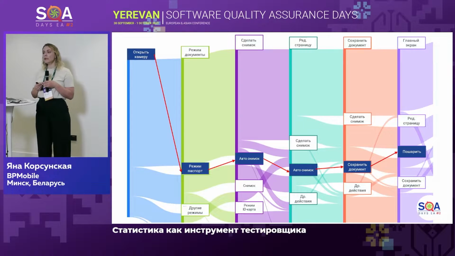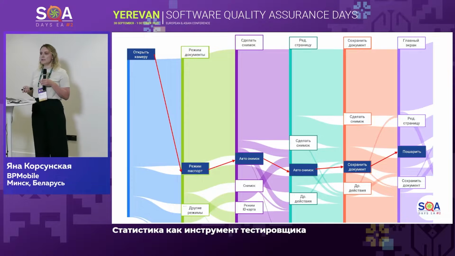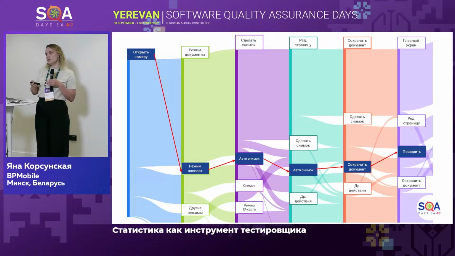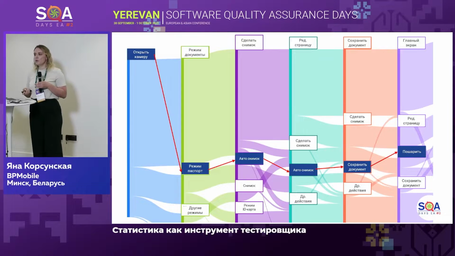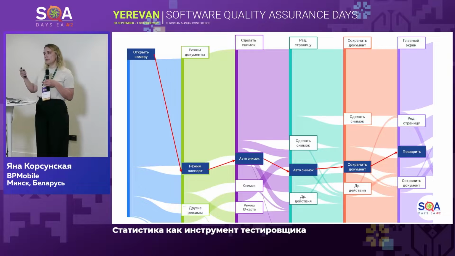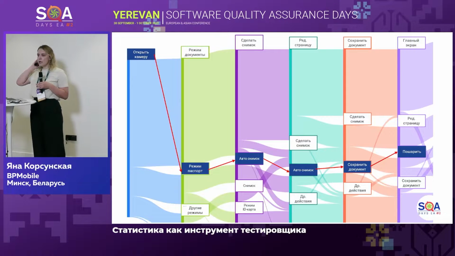They come up with a number of interesting moves. It's interesting to analyze this from the point of view of users that use the paid version and the free version, how these streams are distributed, what would be the more or less priority scenario.